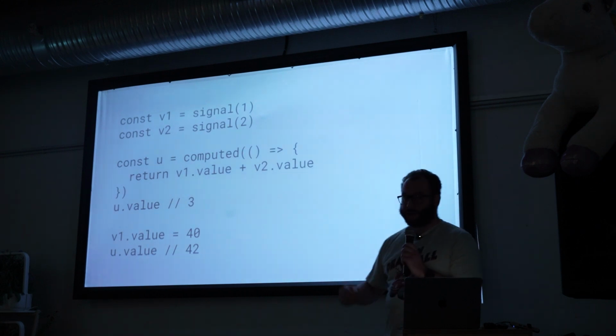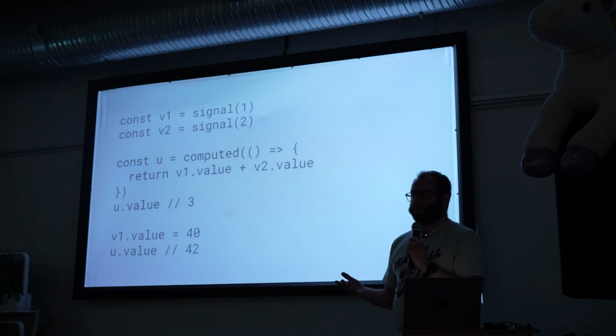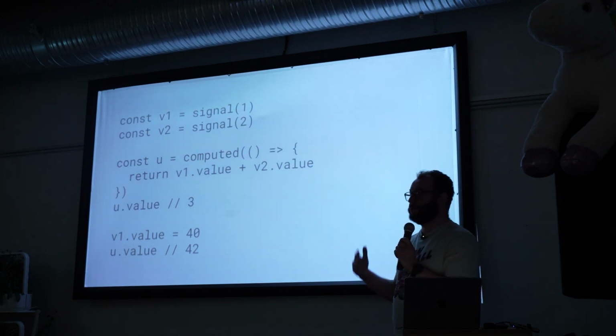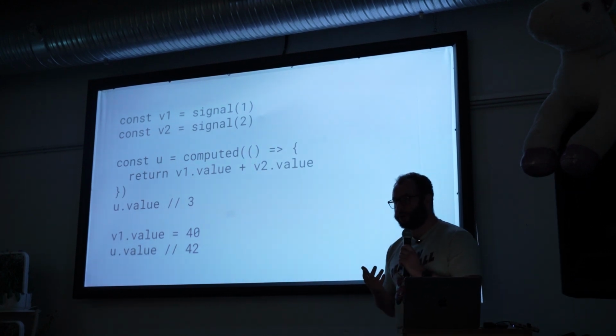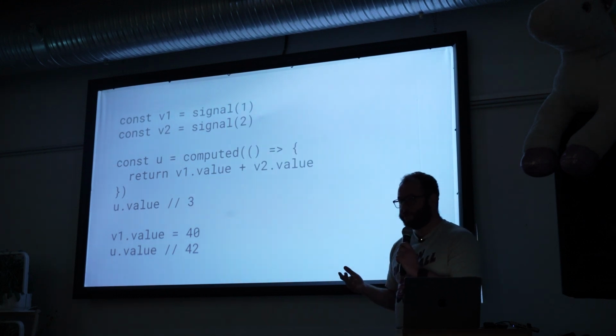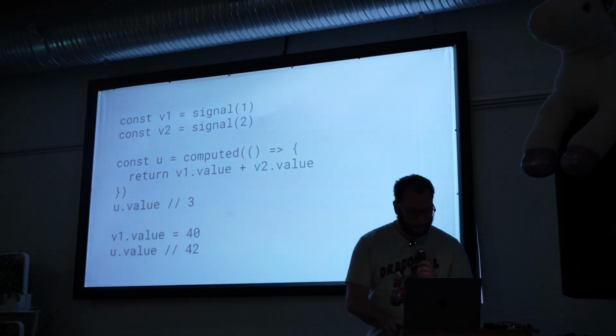So adding up two values is not much, but one of the most straightforward applications would be you have a search and you need to filter an array of entries. So you do that. And now you get a signal with this filtered array. You don't need to think about it anymore. And this callback is the closest to declarative that we can get while still working with imperative code.